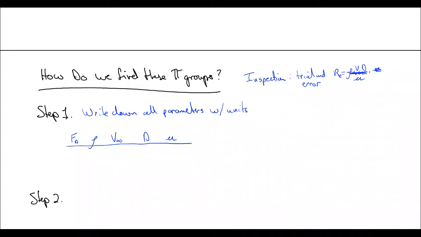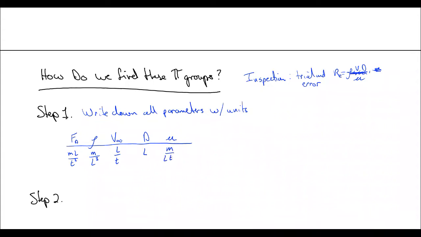So force is mass length per time squared. Density is mass per length cubed. Velocity is length per time. And our diameter is obviously just length. And our viscosity is a mass per length time. Great.